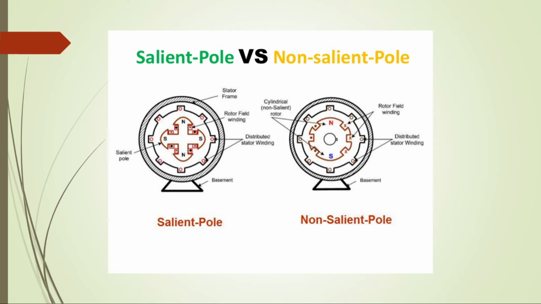Speed is 100 to 375 rpm. Non-salient will have robust construction, less windage losses, better dynamic balancing and high operating speed, that is 3000 rpm.